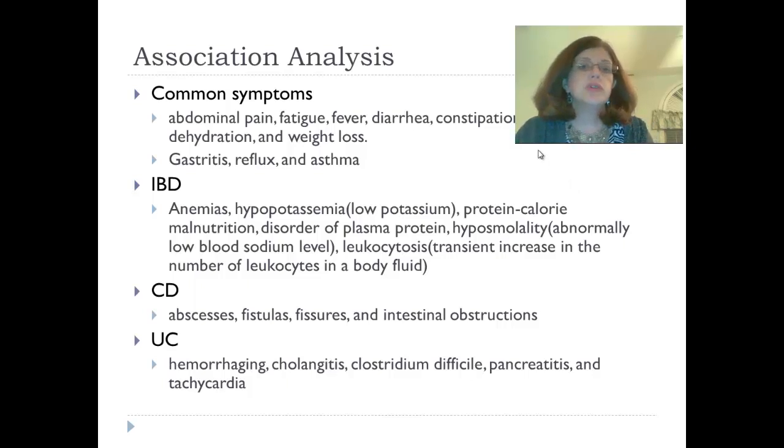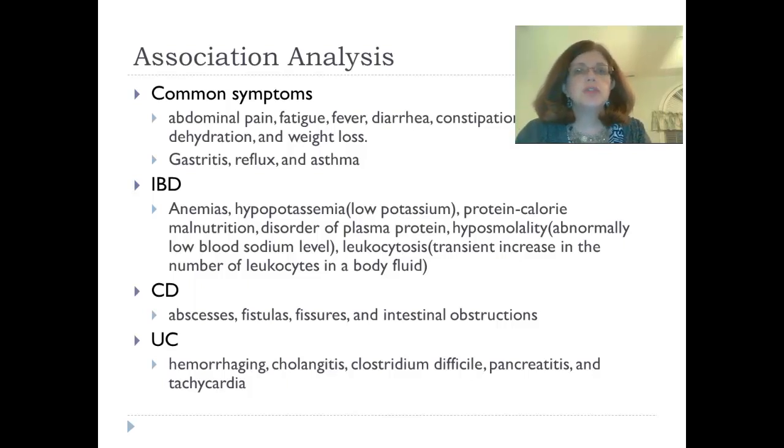Common symptoms were abdominal pain, fever, those related to bowel movements, dehydration, and weight loss. We also found common rules for gastritis, reflux, and asthma. Those were unexpected and not found in patient information.